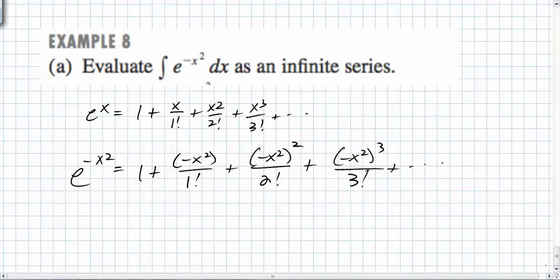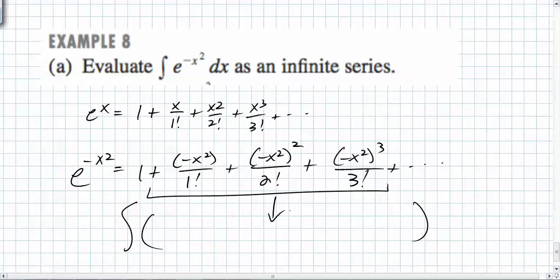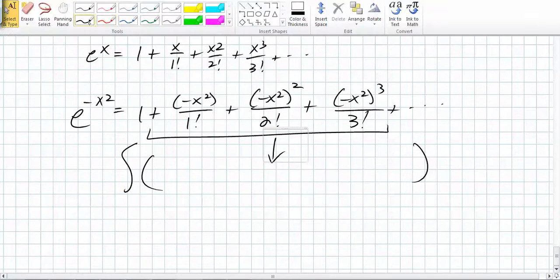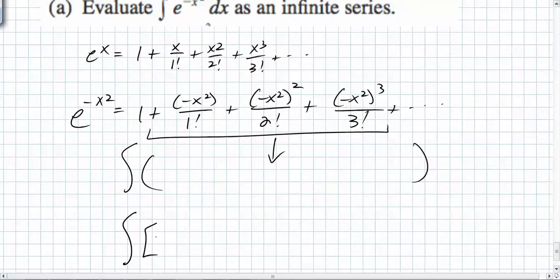So what can we do now? Well, if we integrate the left, we should integrate the right-hand side. So if we integrate this thing, we're integrating this right here. So we're going to integrate, and I'll simplify now in the next line. We're going to integrate what? 1 minus x squared plus 1/2 x to the 4th minus 1/6 x to the 6th.